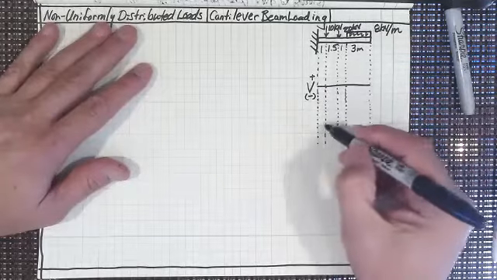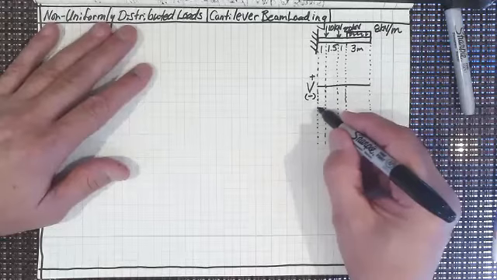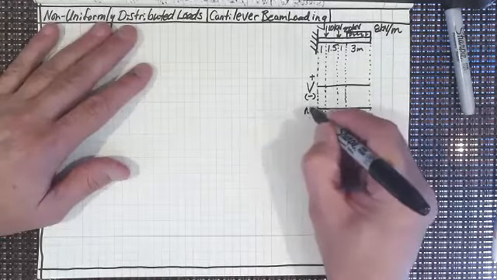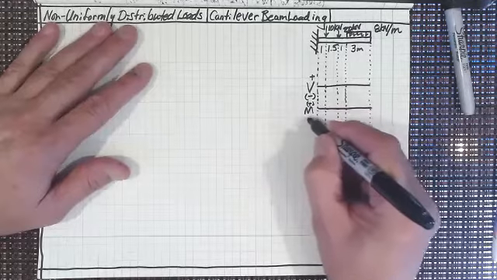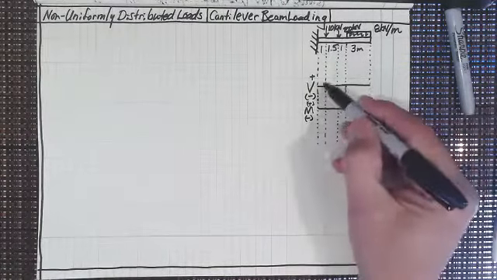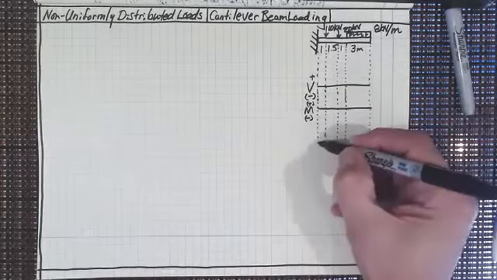So let me put the bending moment diagram right here. All right, because this is going to be coming up from here, and this is going to be going across up here, right? So it's positive because of the slope.